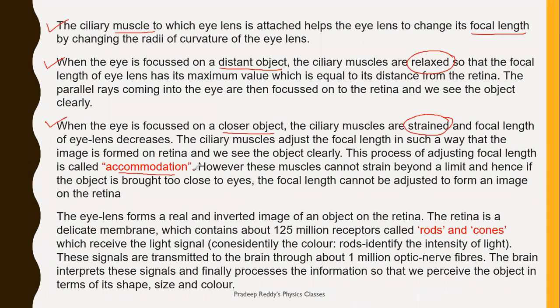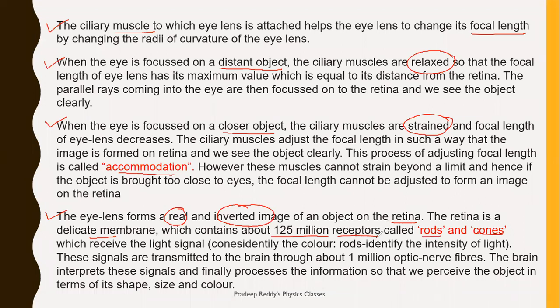Depending on the object's position, you will always get the image at 2.5 centimeter by changing the focal length. And the next point is, our eye lens forms a real and inverted image on the retina, and this retina is a delicate membrane which has nearly 125 million receptors called rods and cones.